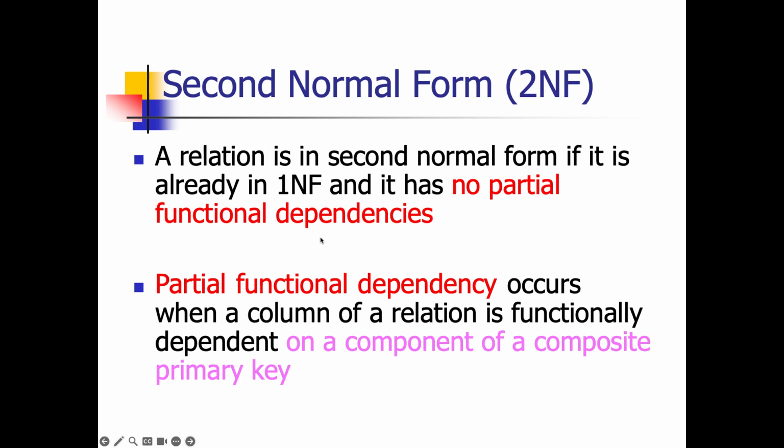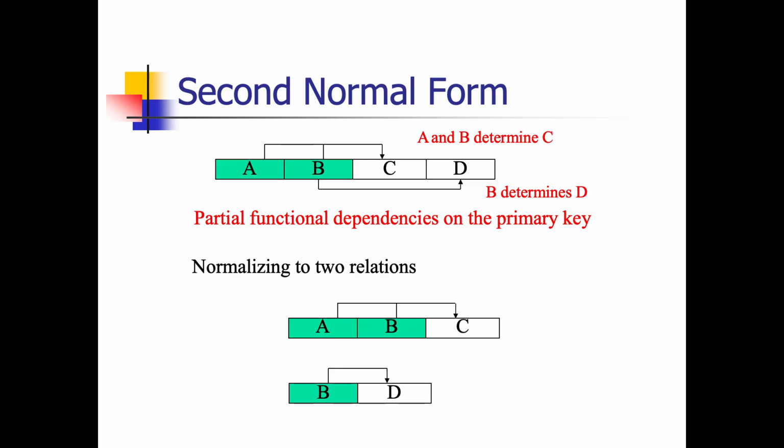So as I mentioned, we say a table is in second normal form if it is already in 1NF, that is no multiple values in a cell, and no partial dependency. And partial dependency may happen when you have a composite primary key, but if you have a single key, you can forget about it. Now let's see here.